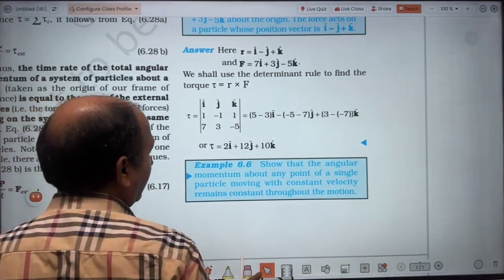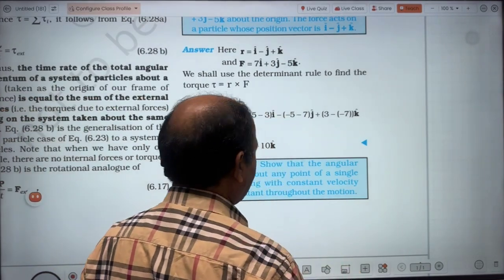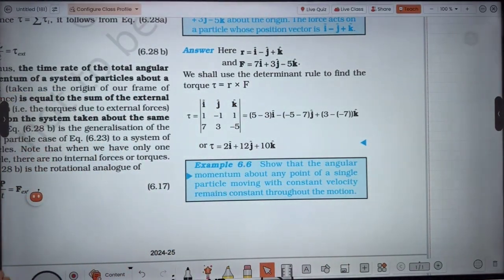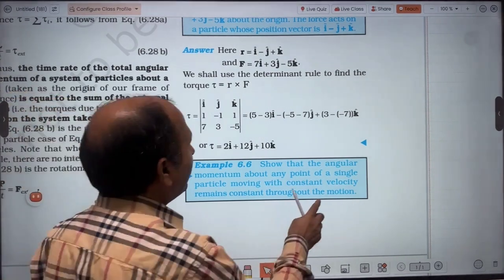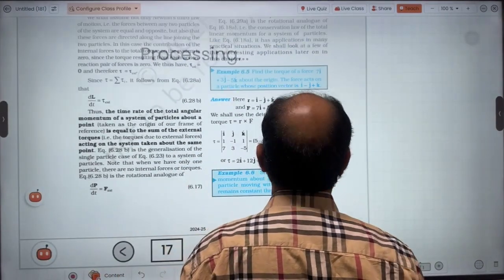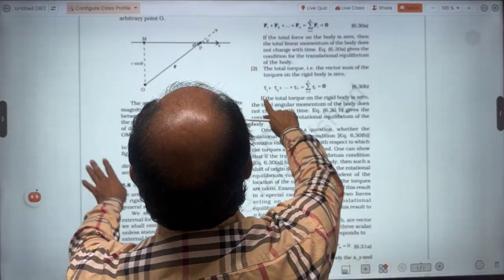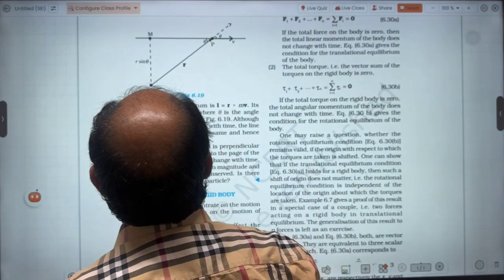How to prove it? For this purpose, we will consider force and perpendicular distance, and we will see whether they are changing or not. Here the situation is shown.